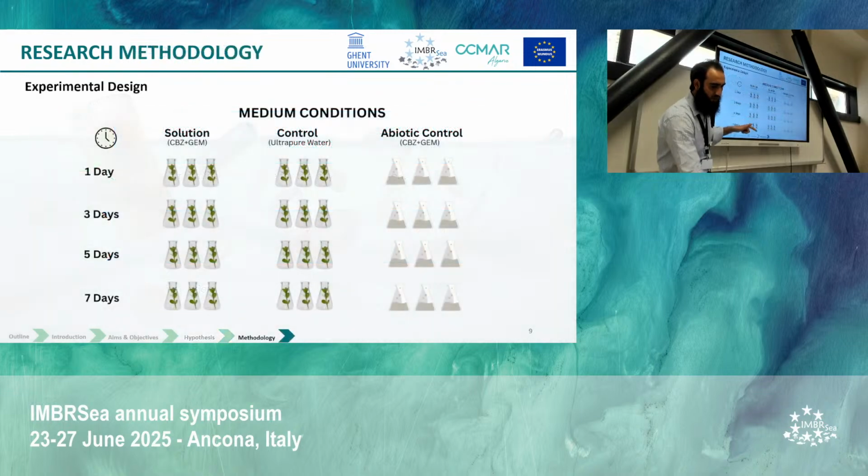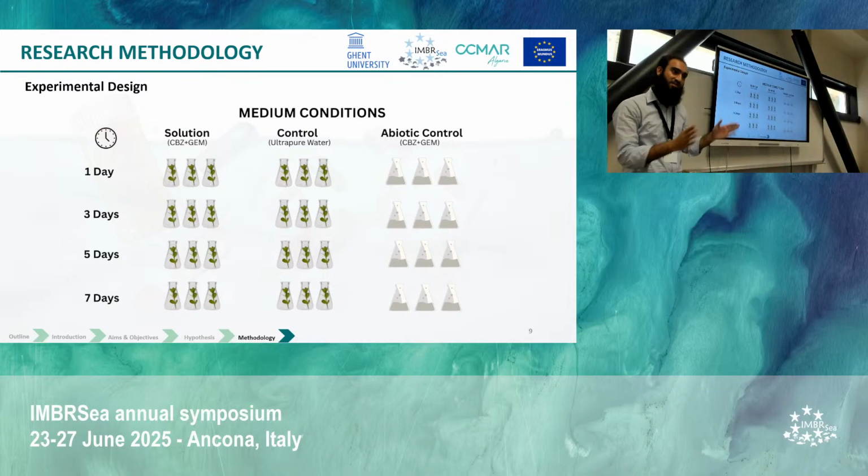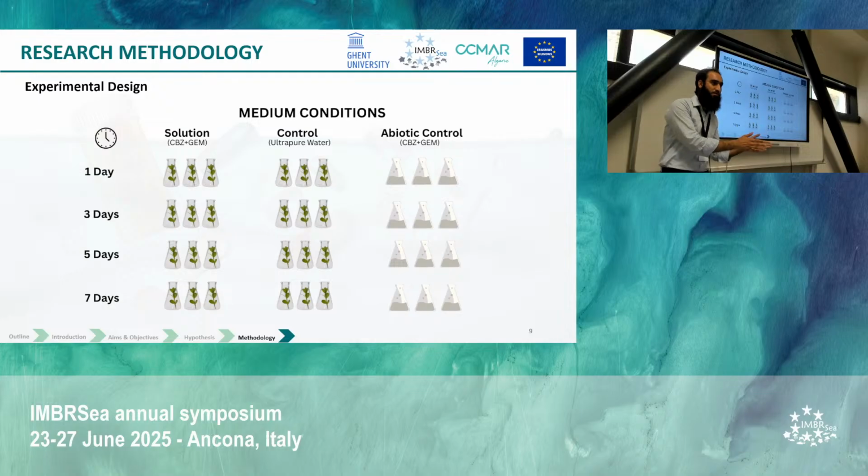What did you put inside those? The similar solution. I was studying the possible photodegradation, possible environmental factors playing a part in degrading the same solution. So you just let it stay. Yeah, for a similar period, to see if there is plant mediated removal or if there is any other factor, light or dissolved oxygen, playing a part.